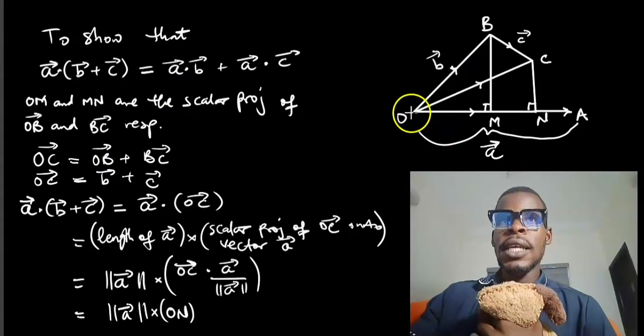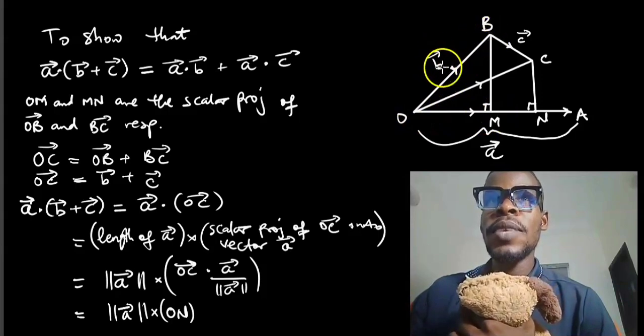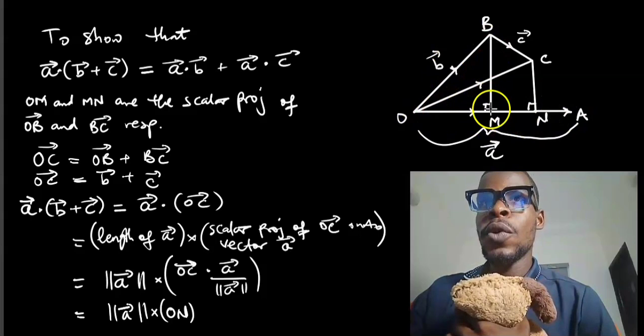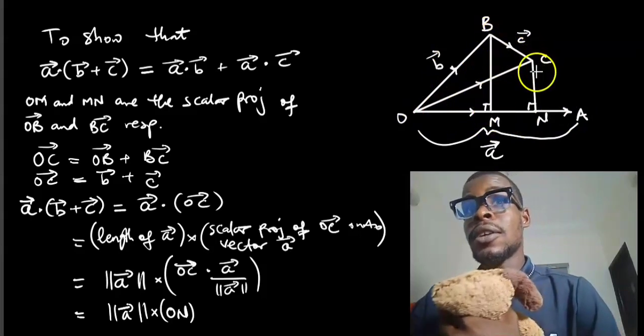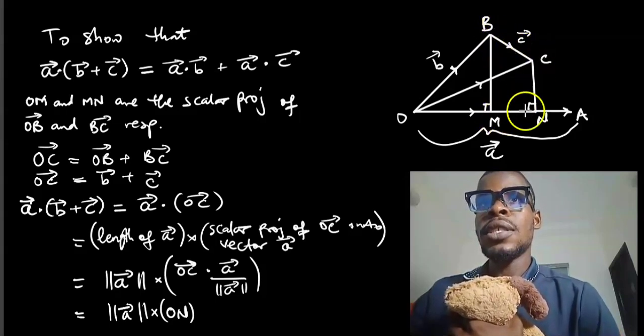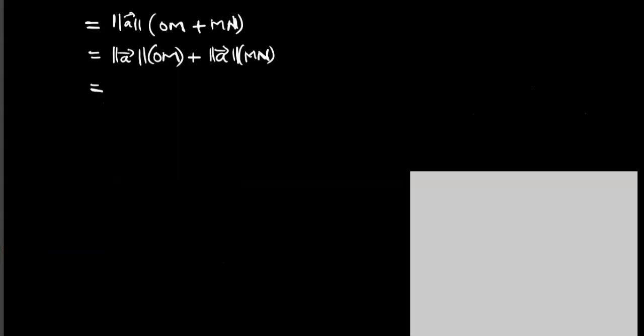We look at the figure. The second vector here is the vector from point O to B, which is vector B. The projection in the direction of the first vector, vector A, is OM. And similarly, the second vector in the second term will be vector C, whose projection is MN in the direction of the first vector, vector A.